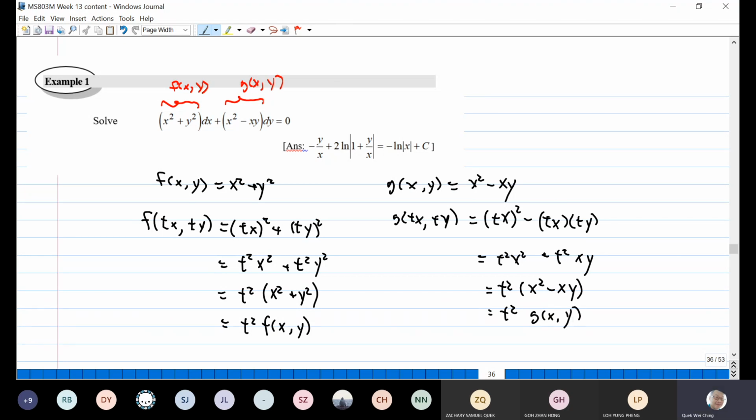From here, we know this differential equation is of degree 2. Okay, so this is a homogeneous ODE of degree 2.